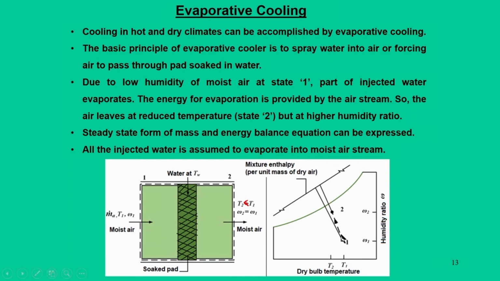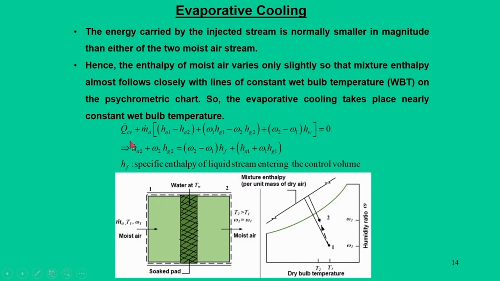When the dry bulb temperature drops, in the psychrometric chart the process goes from 1 to 2 in this direction, and if you locate the state points and find the enthalpies, we can see that enthalpy at state 2 is higher than that of state 1. Then this energy balance equation can be applied here as well. It has three entities: moist air that enters, water at TW, and moist air that leaves.